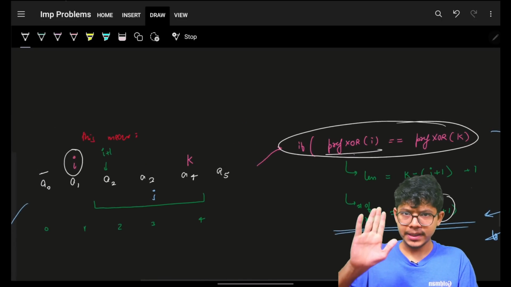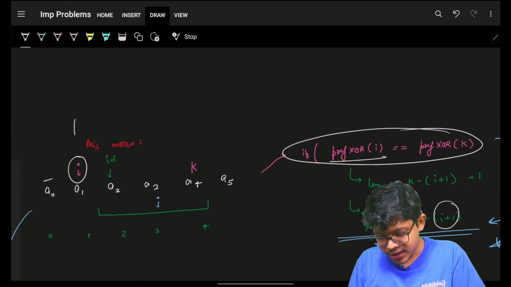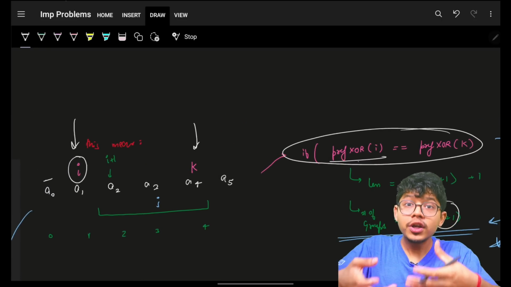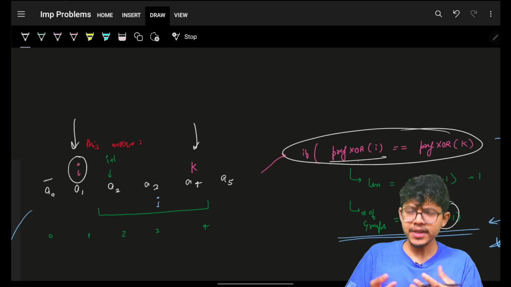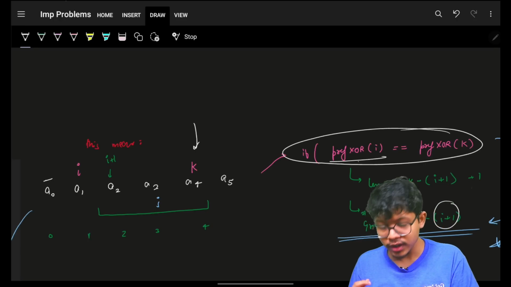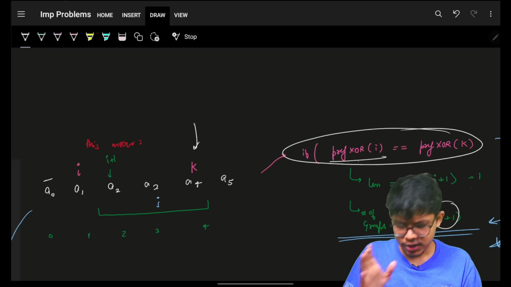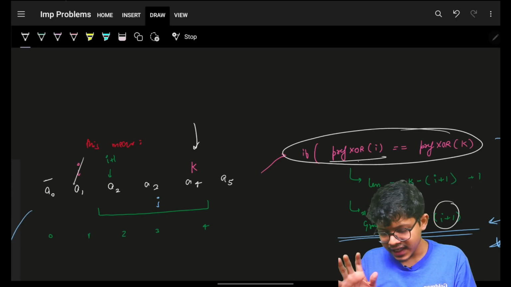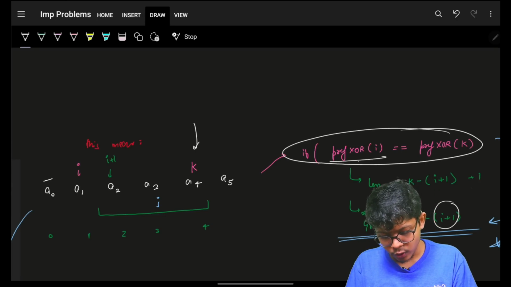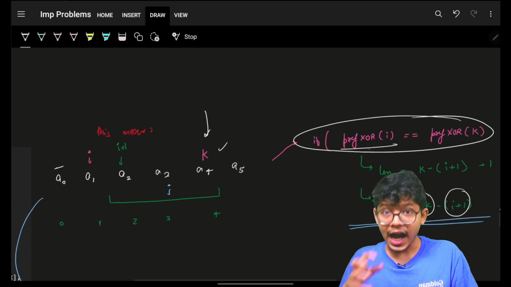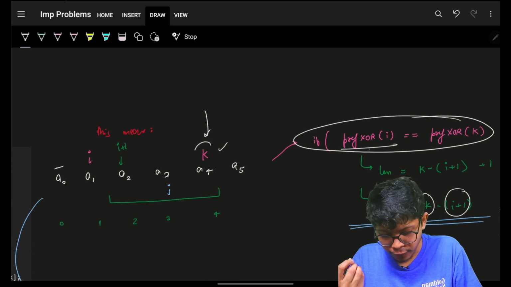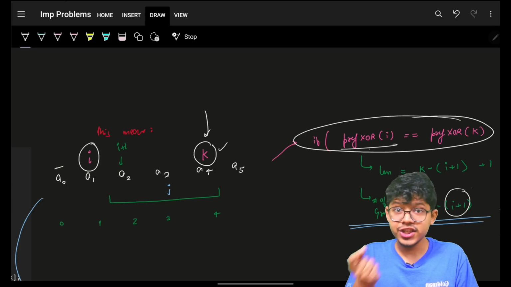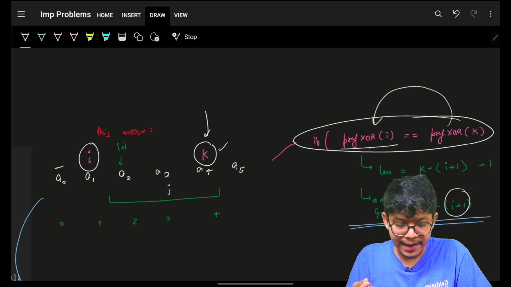Again, you had O of n squared, which means you took I and K. Now you have to reduce it to O of n, which means much reduction. So for sure, you have to remove one more for loop. So let's say I will remove the I loop and only handle K, which means I should be able to figure out, for a K, all such I's whose prefix XOR is the same as that of K.